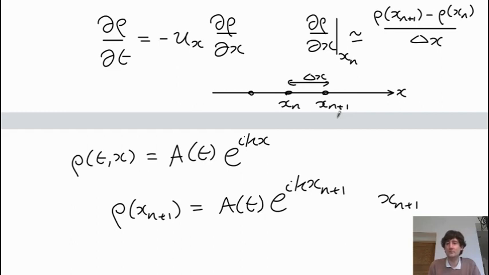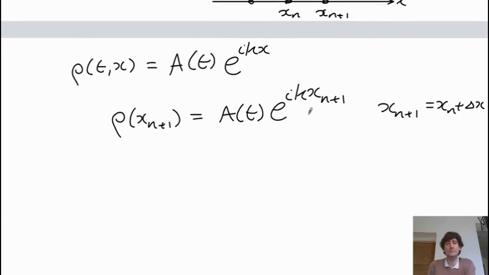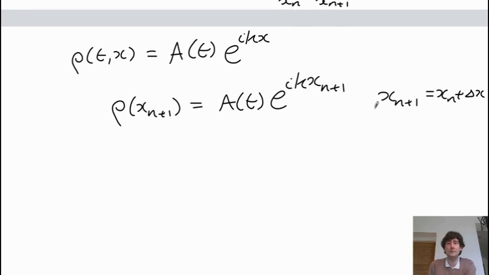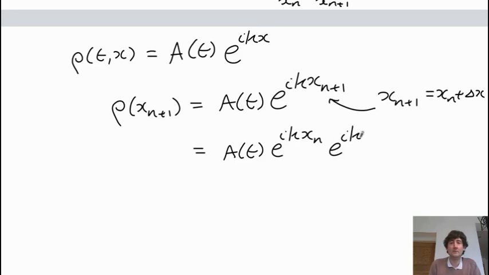We can write this as x_n plus delta x, and so it becomes A(t) e to the i k x_n, times e to the i k delta x.